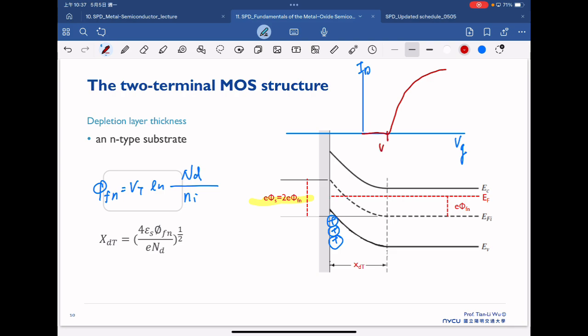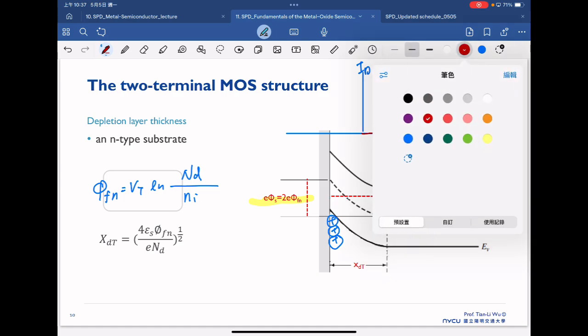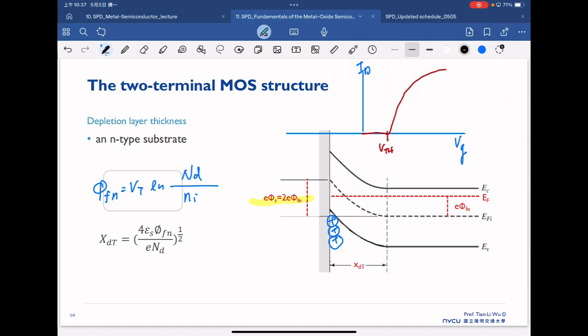So this is our threshold voltage, and the reason why we have the current here is that these are the electron inversion in the P substrate. Because these are electrons in the channel, we also call this an N-channel MOSFET.